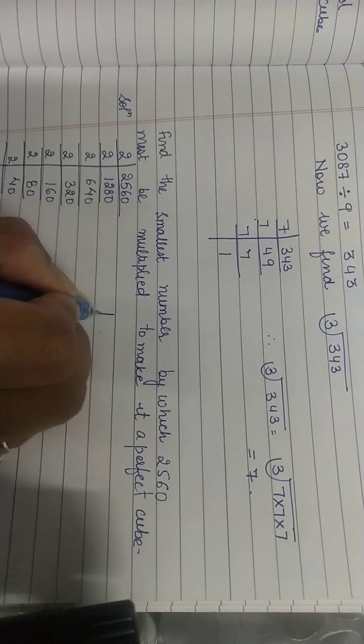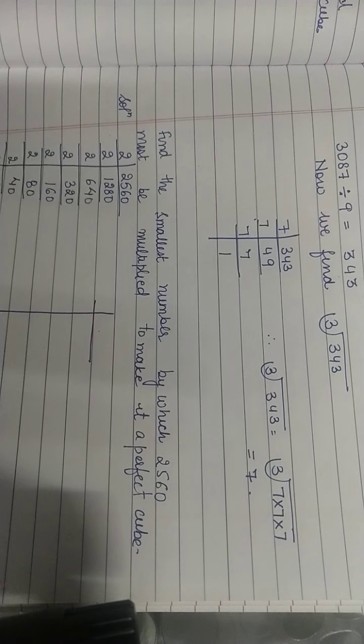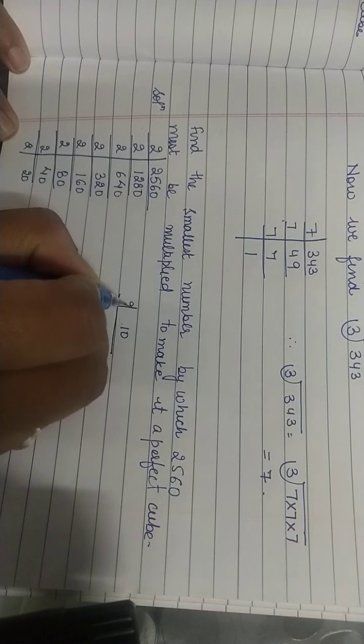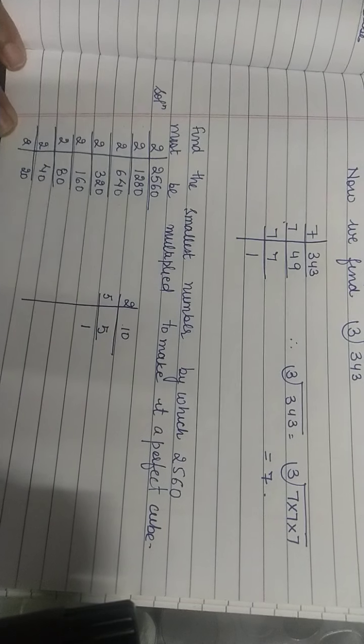As the space is less here, I continue here. On dividing 20 with 2, I get 10. Again dividing, I get 5, and finally dividing 5, I get a 1.